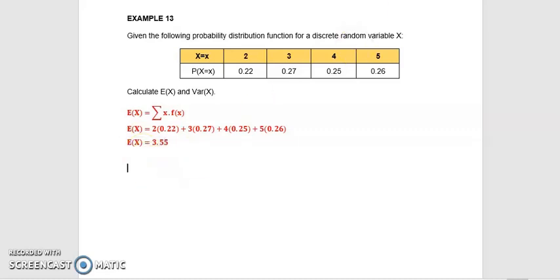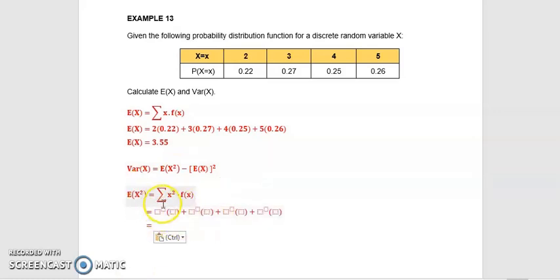Okay, variance of x equals expected of x square minus expected of x, and then square. So we need to find E(x square) first. E(x square) is summation of x square multiplied by f(x).